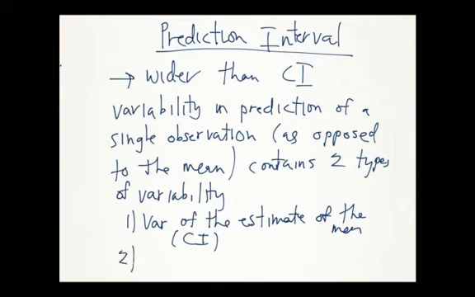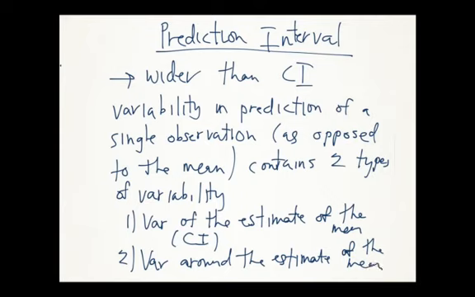And then there's the second type, which is a single person's variability around the estimate of the mean. Okay? So that's sometimes called the residual variability. Residual. Okay?